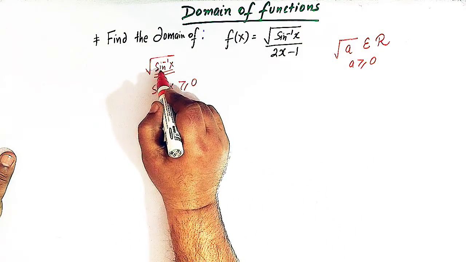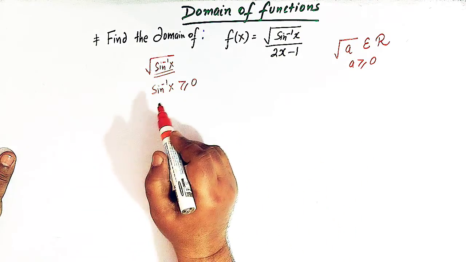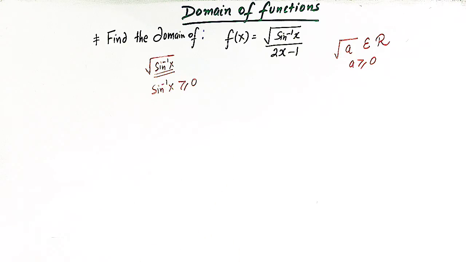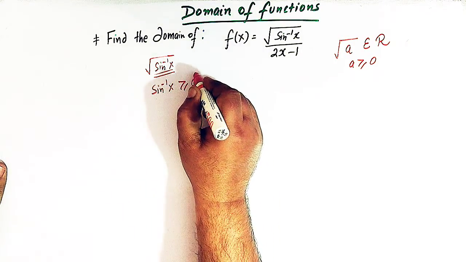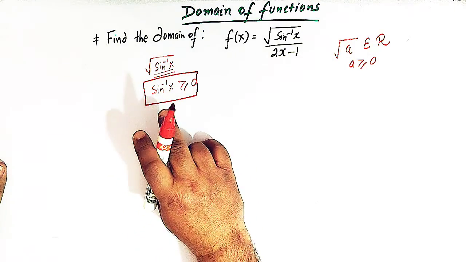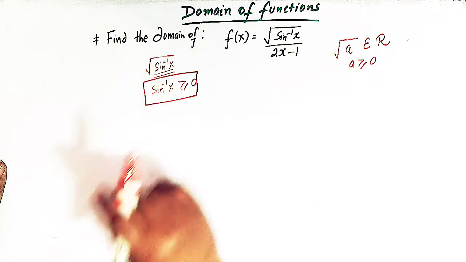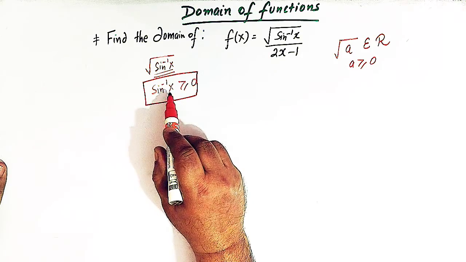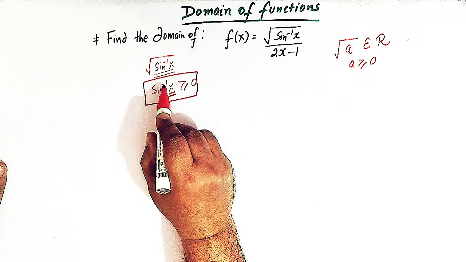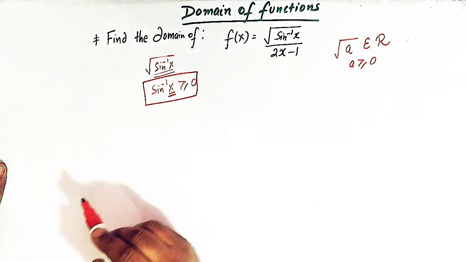So square root of sine inverse x is valid only when sine inverse x is greater than or equal to 0. So now we have this important inequality, right? Now from here we have to proceed further to get the values of x which satisfy sine inverse x greater than or equal to 0.